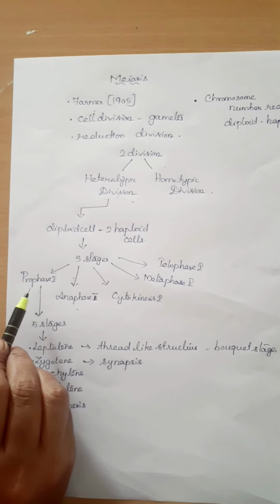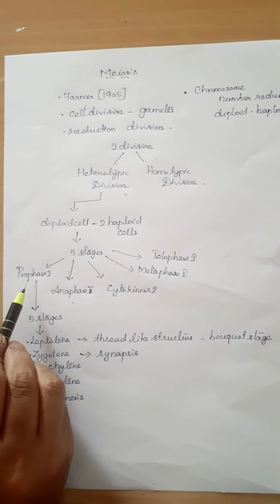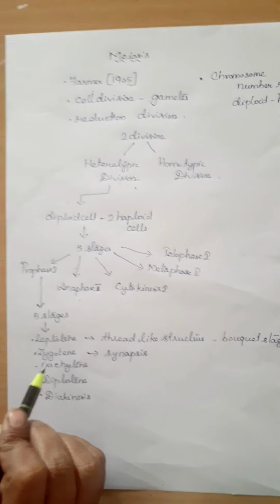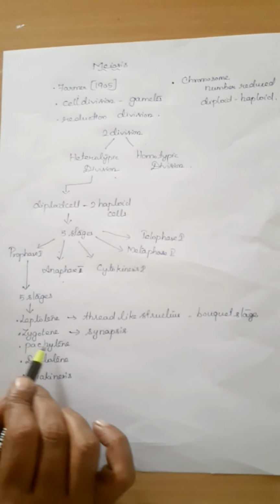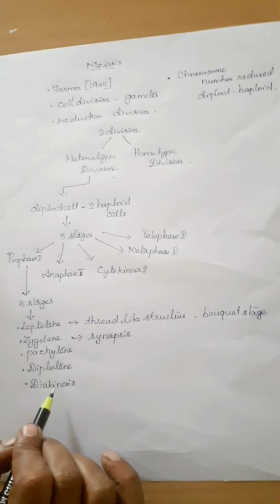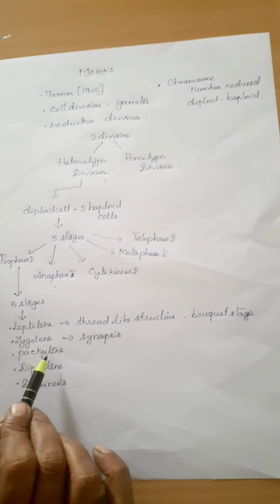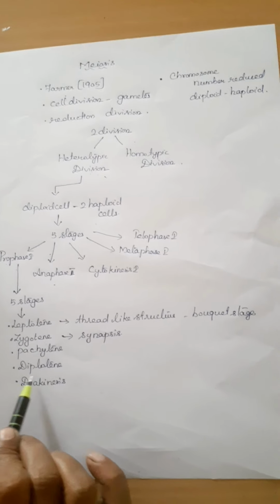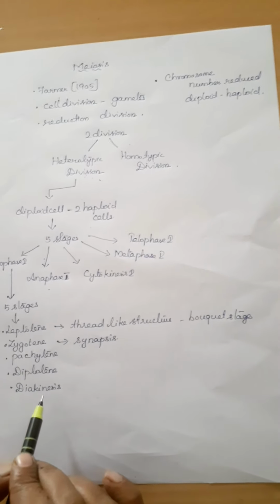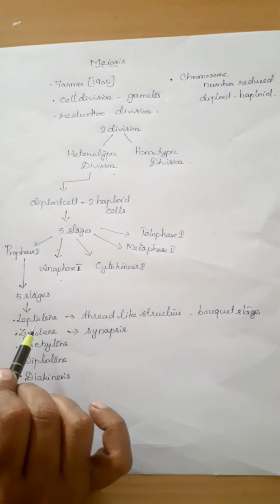It is subdivided into 5 stages: leptotene, zygotene, pachytene, diplotene and diakinesis. First we are going to study leptotene.